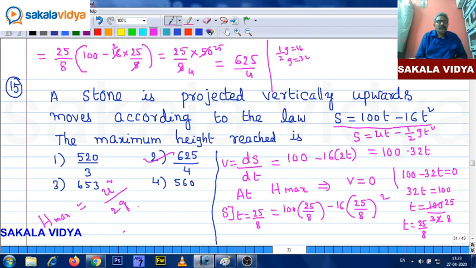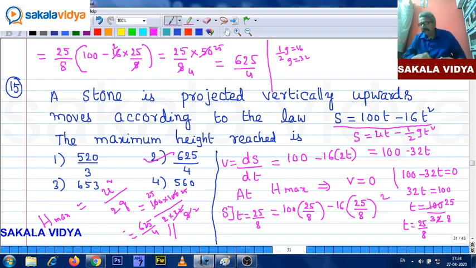Okay, u square is equal to 100 into 100 by 2g, 2g is 2 into 32. So that means 625/4. Using physics also directly we can do this problem. So simple.